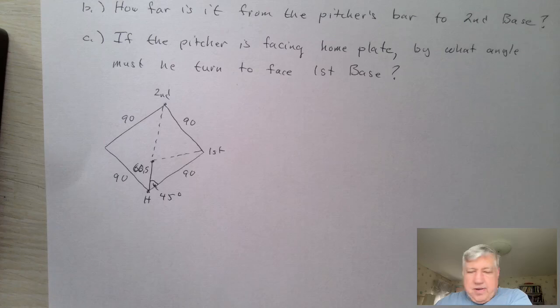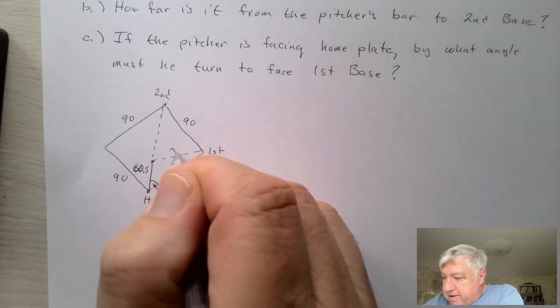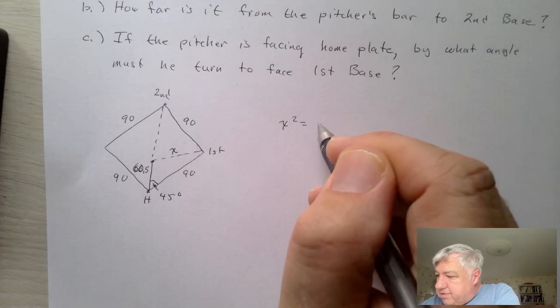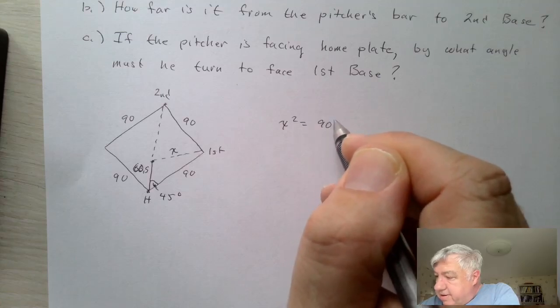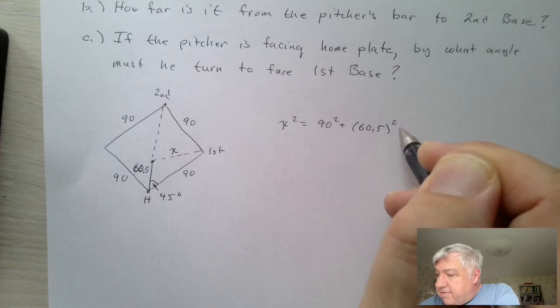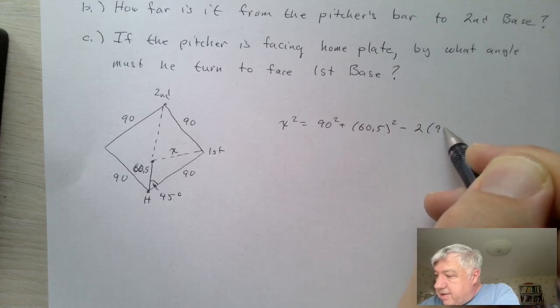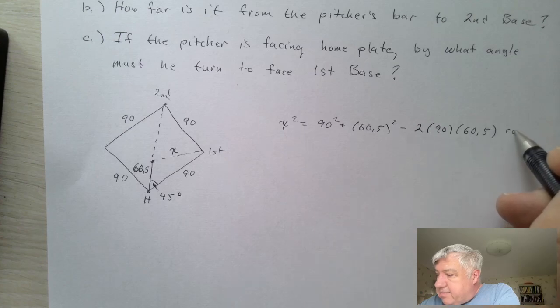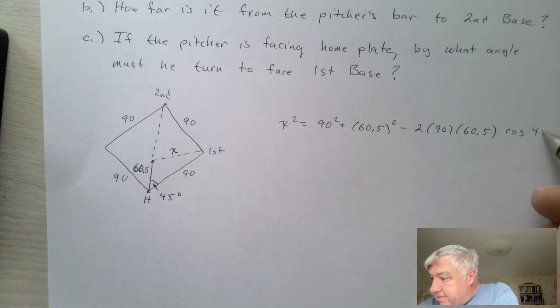So if we're trying to find this distance, and we call it x, then x squared will be equal to 90 squared plus 60.5 squared minus 2 times 90 times 60.5 times the cosine of 45 degrees.